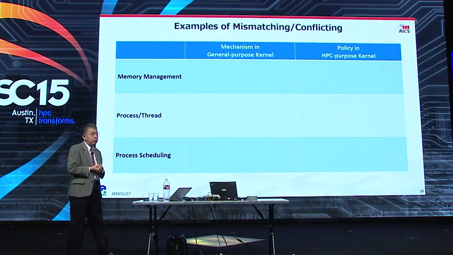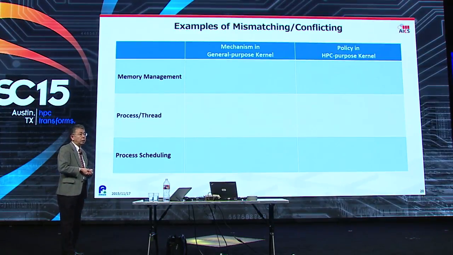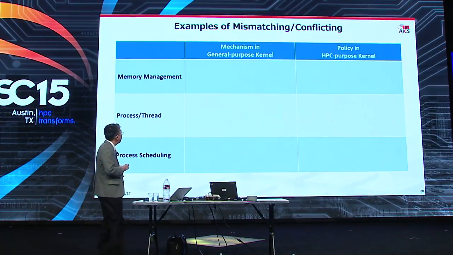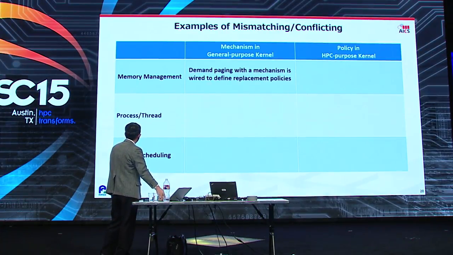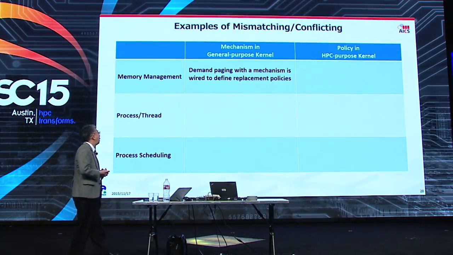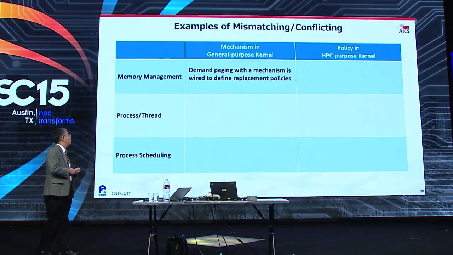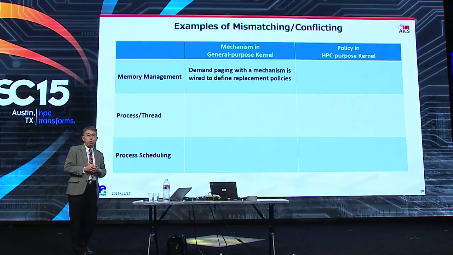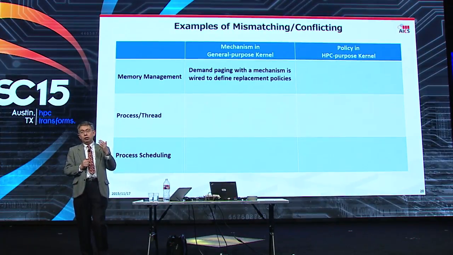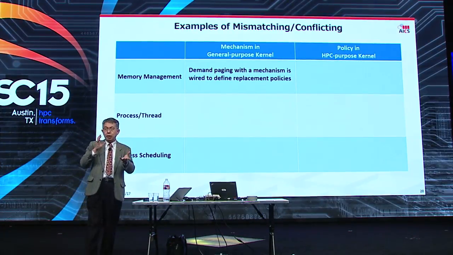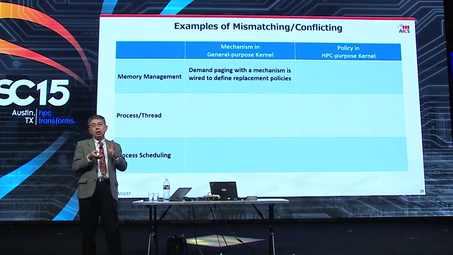Let me explain examples of such mismatches or conflicts. In a general purpose kernel, in memory management, as I already told you, demand paging is very popular, and that is the mechanism used to define replacement policies. OS developers believe demand paging is the mechanism, but the replacement algorithms are policies.